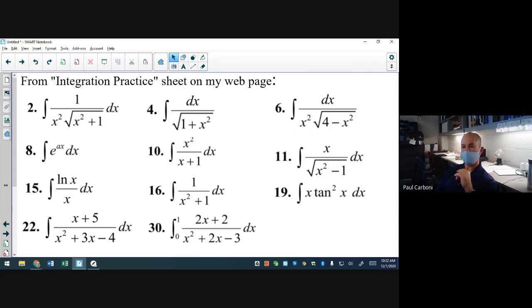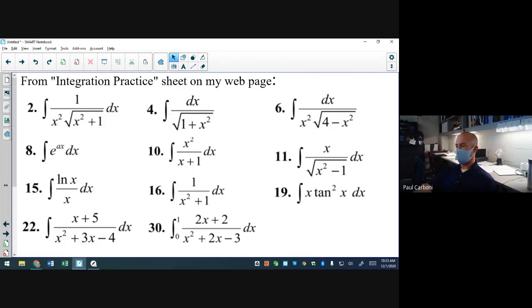But there's one other that should be instant. I could go with 15, but 15 is a U sub problem. 16, people, come on, what is 16? That's the derivative of arctangent.